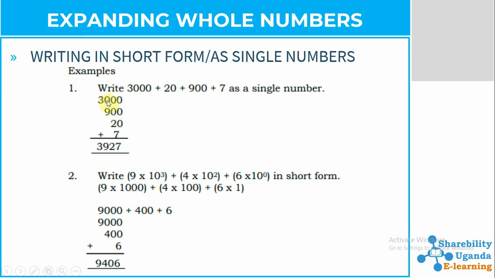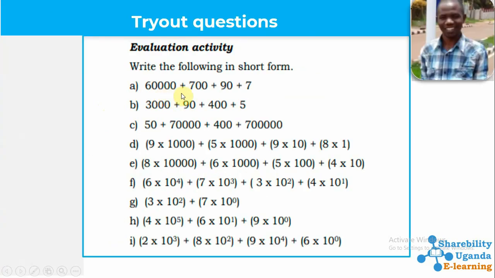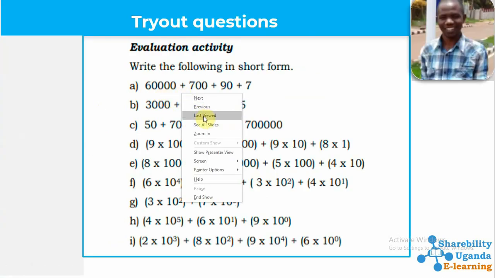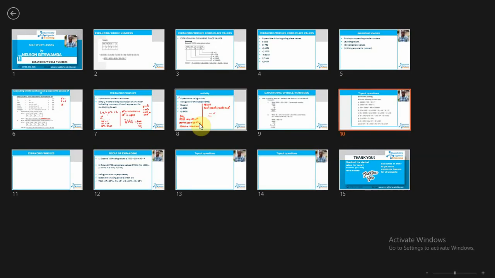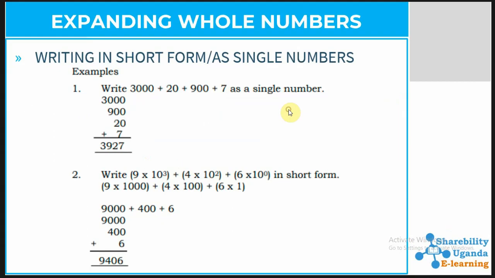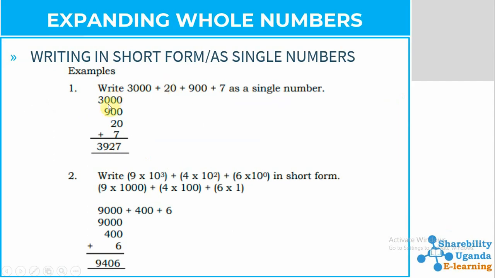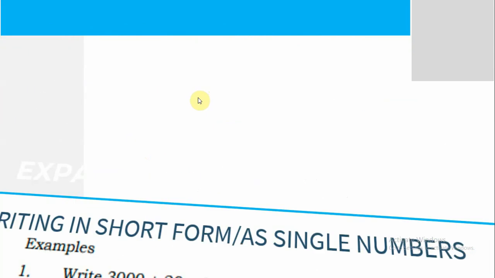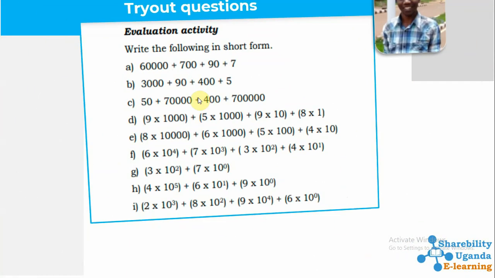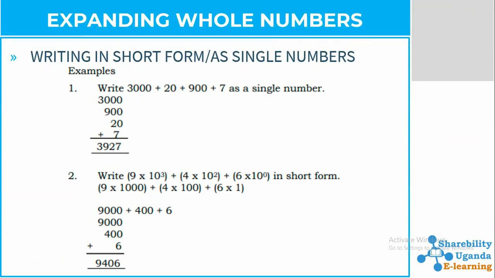If you have our 3,000, then you can come to our 900, which is the next, okay? Then you also come to a 20, then a 7.